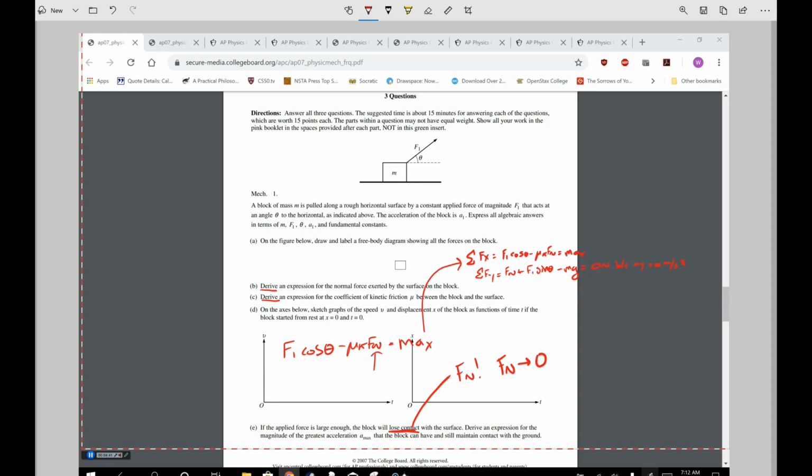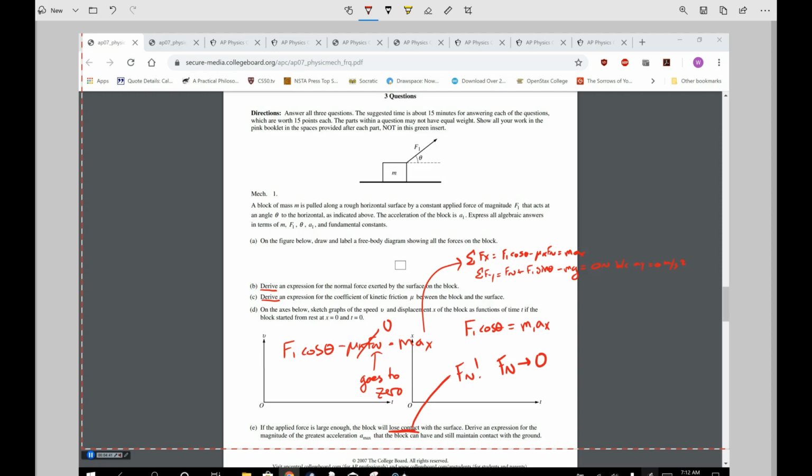This Fn is going to 0. So what would that A max be? If Fn goes to 0, then essentially we have no friction. And if we have no friction, then the first part that we would write here for that equation is that F1 cosine theta equals m1 a x.